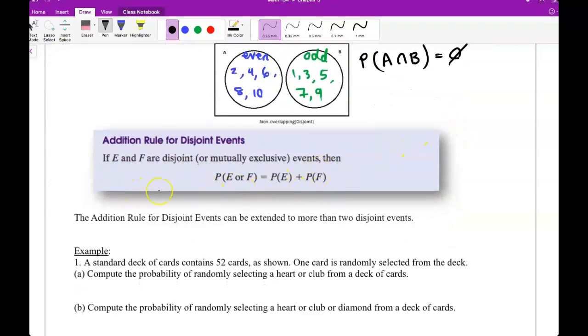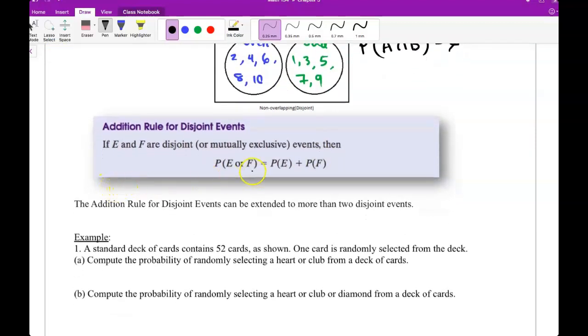Okay, so in general, this is exactly what they have here: probability of E union F. When we have OR, that means we have union in between.